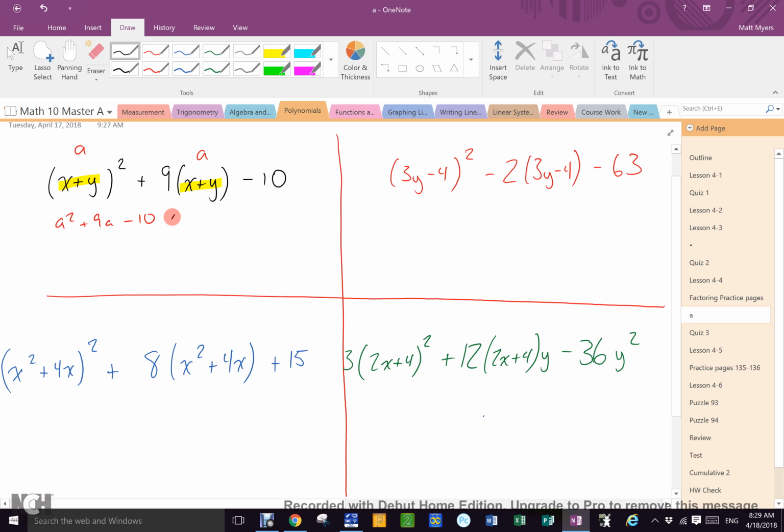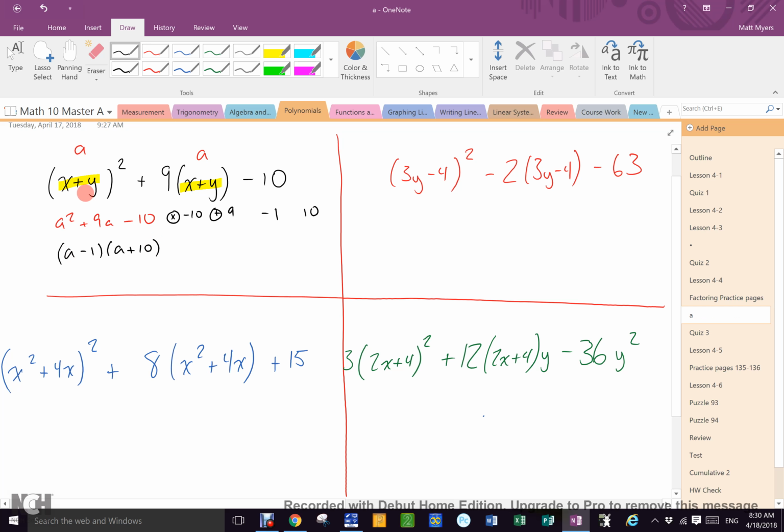I need two numbers that multiply to negative 10 and add to 9. What are they? Is it 1 and 10? How will I make those two numbers add together to make 9? 10 minus 1, correct? So it would be A minus 1 and A plus 10, wouldn't it?